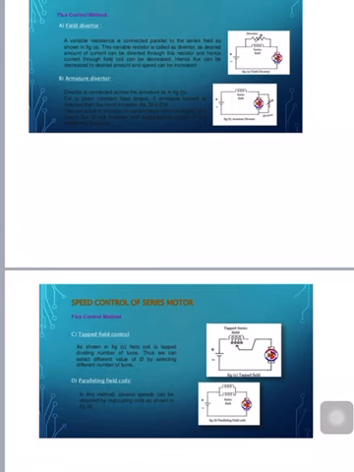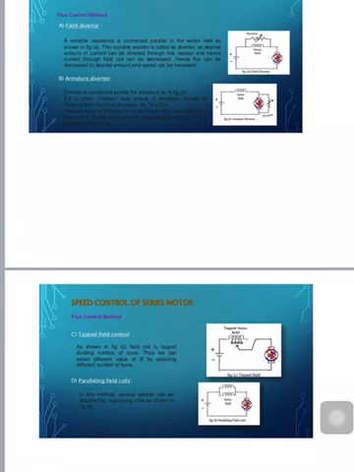Coming to armature diverter method, the diverter is connected across the armature, and if the armature current is reduced, the flux must increase, which will result in an increase in current taken from the supply, so that flux will increase, and the speed of the motor will decrease.